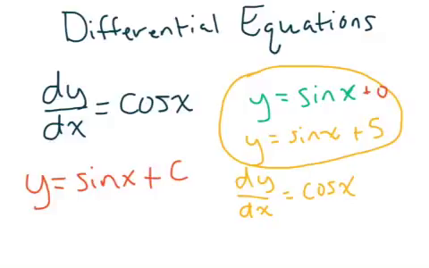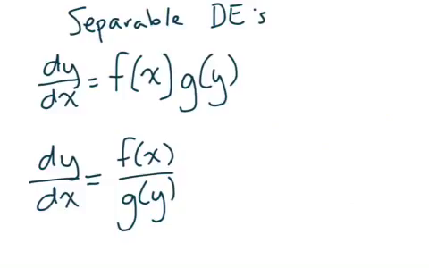Now, other than these very simple differential equations, in AP Calculus we deal with one very small subset of differential equations called separable differential equations. They're separable because we can separate x and y to different sides of the equal sign, and that makes them easier to solve. So generally they take two forms.